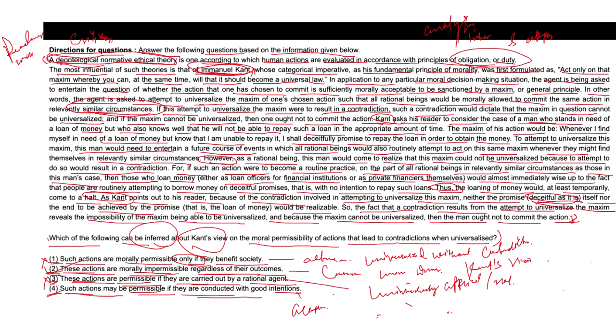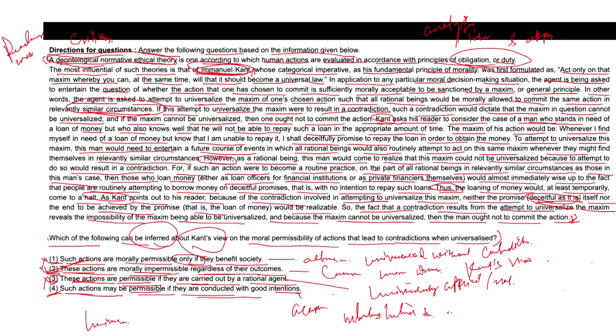So hence we can consider that the correct answer should be option two: these actions are morally impermissible regardless of their outcome. Why? Because Kant's view is that if an action leads to a contradiction when you try to universalize it, apply it as a universal rule, then that action is always morally wrong.